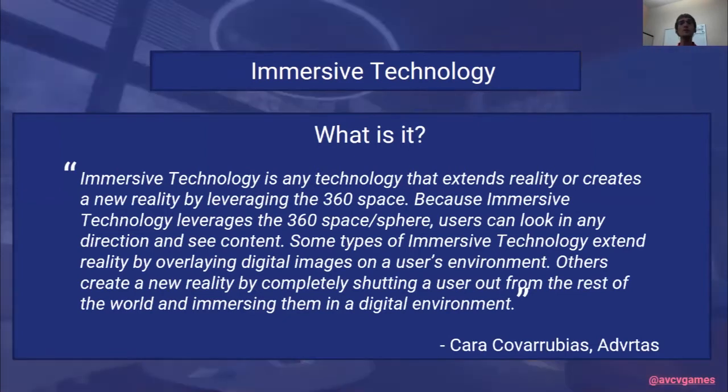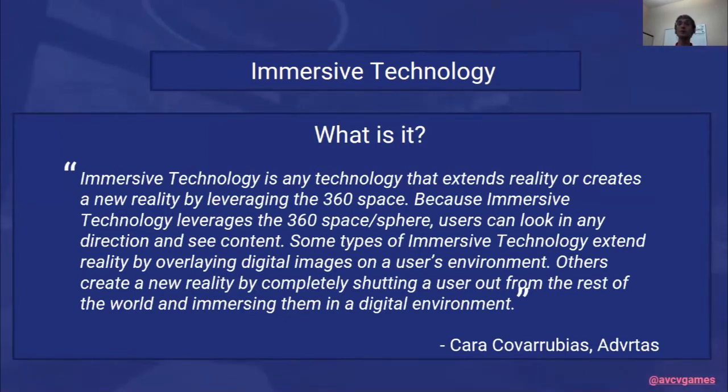So this says, because immersive technology leverages the 360 space or sphere, users can look in any direction and see content. Some types of immersive technology extend reality by overlaying digital images on a user's environment. Others create a new reality by completely shutting a user out from the rest of the world and immersing them in a digital environment.